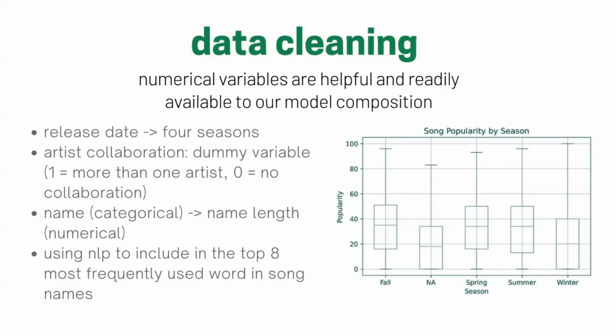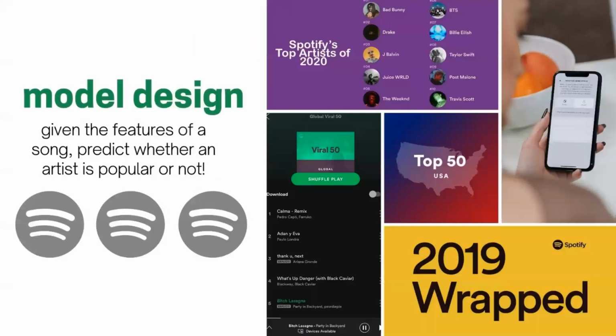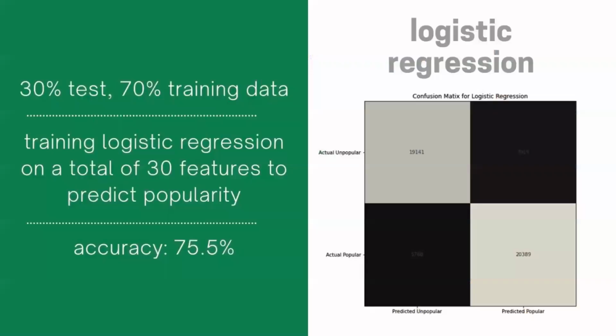Using NLP, we also included the top 8 most frequently used words in song names to see if there is a correlation. Moving on to our model design and the models that we've tried to predict the popularity of a song. First we did a logistic regression with around 30 features, and the accuracy was 75.5%.